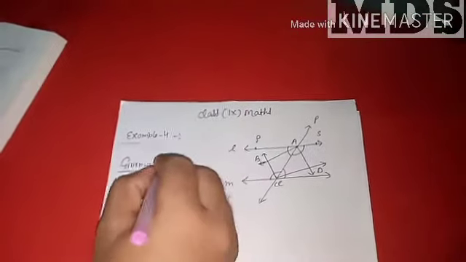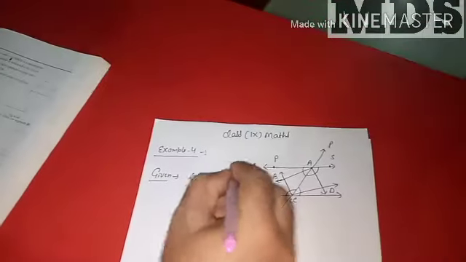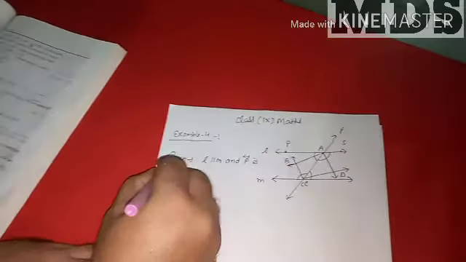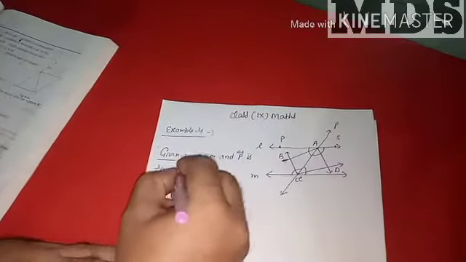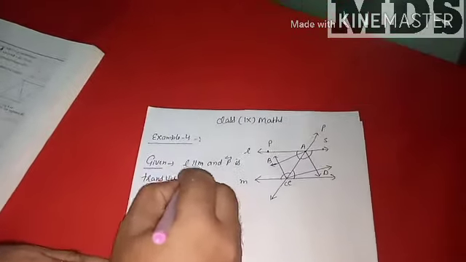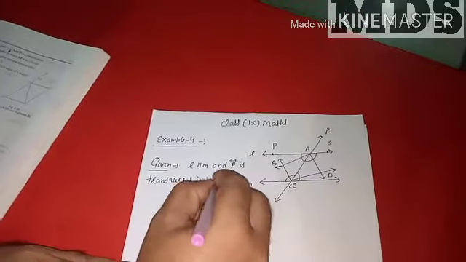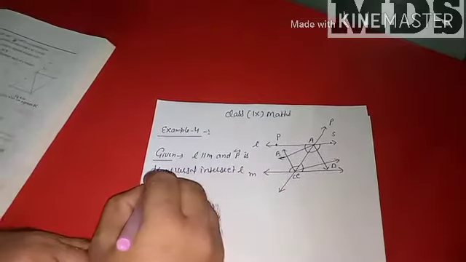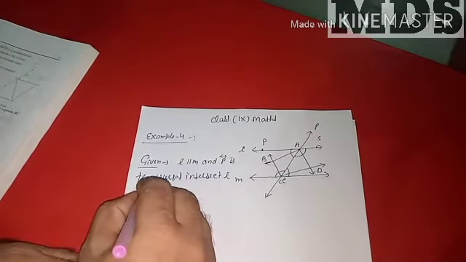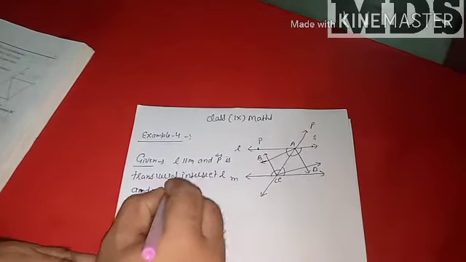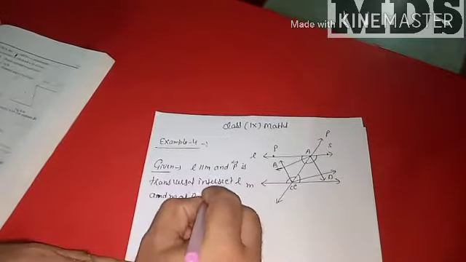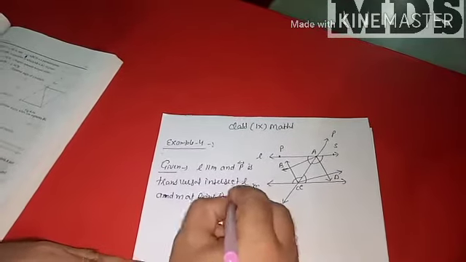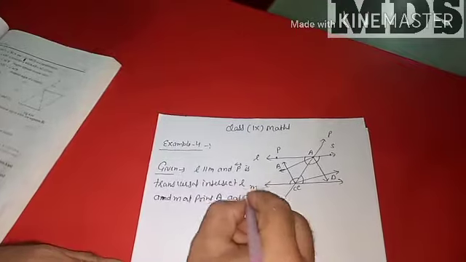First, what you can write is given. You can write L is parallel to M, and P is a transversal intersecting L and M at points A and C respectively.